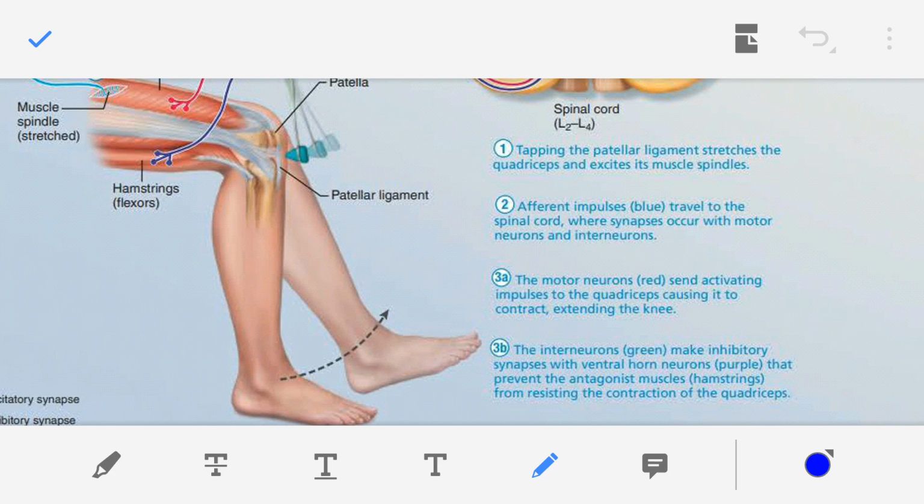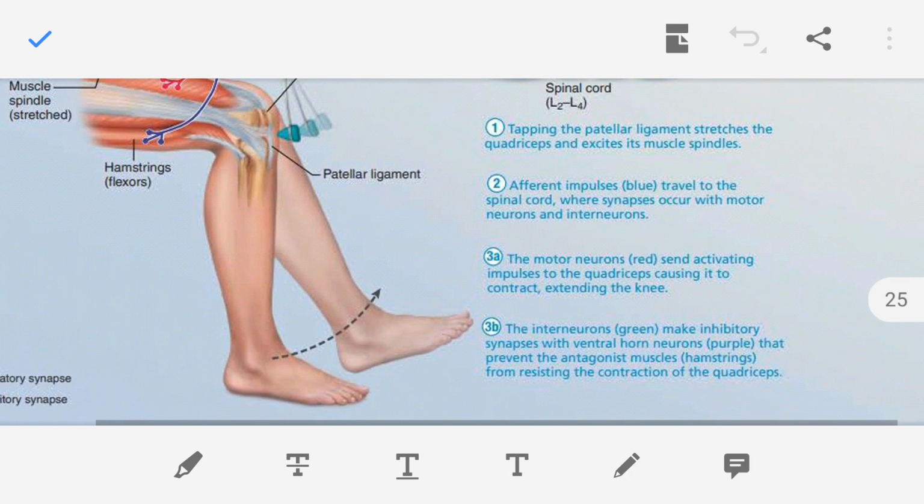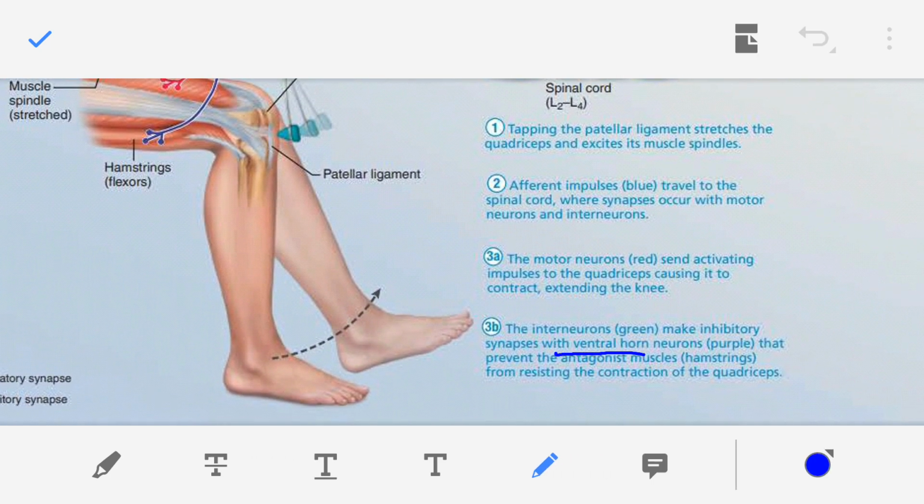So antagonistic muscle means the muscle of the hamstring, and these muscles resist the contraction. That means these ventral horn neurons are actually relaxing the hamstring muscle.